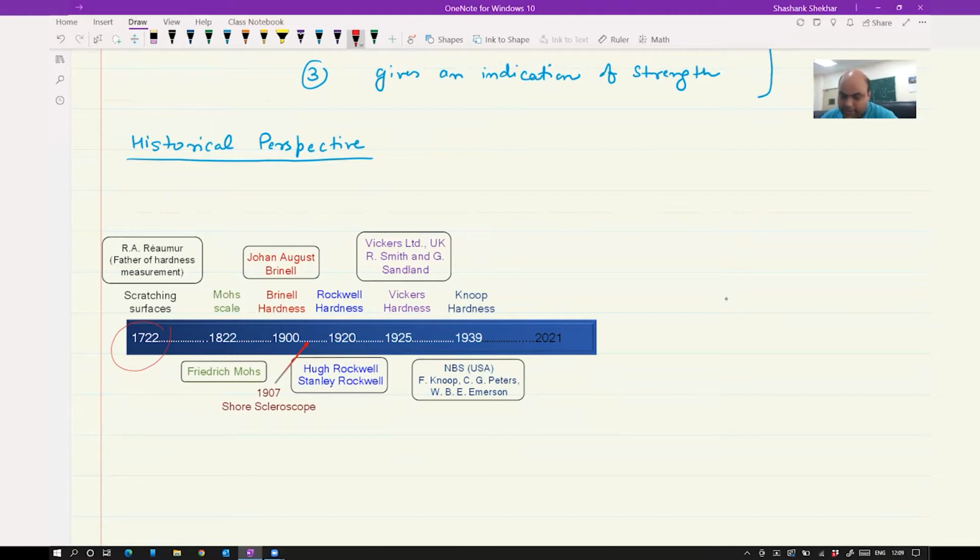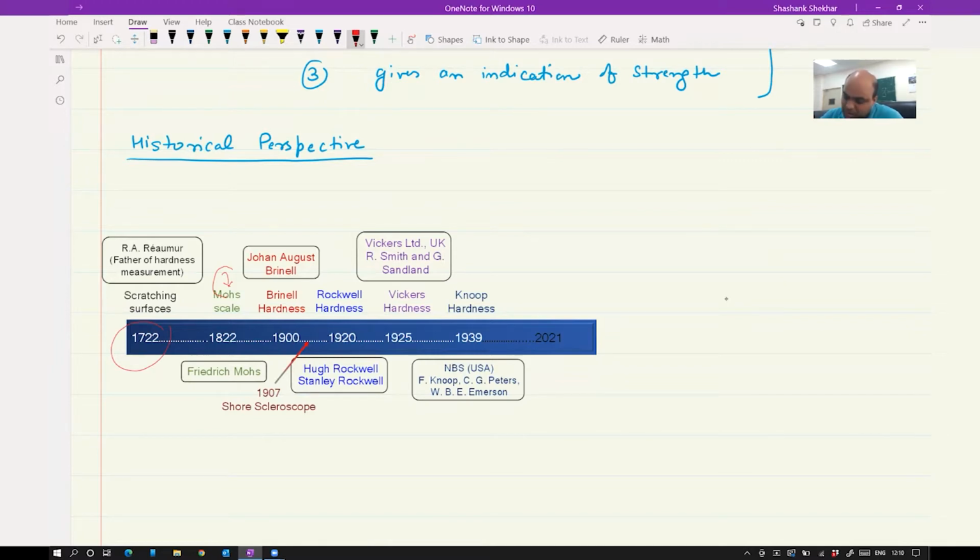Then in 1822 the Mohs scale was developed, and we are going to talk about this Mohs scale in a couple of minutes. There you will see a 10-point scratch hardness table, and depending upon the scratching ability, you can guess what kind of mineral is present.